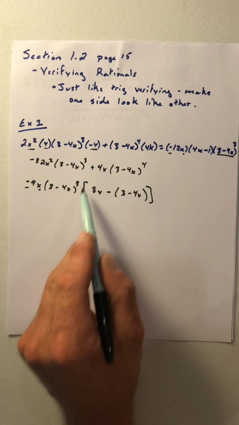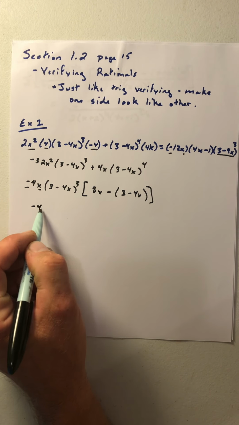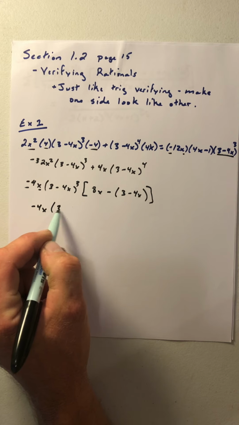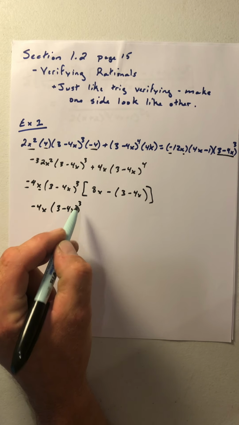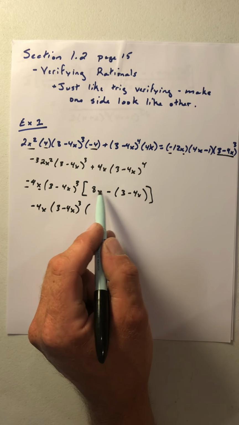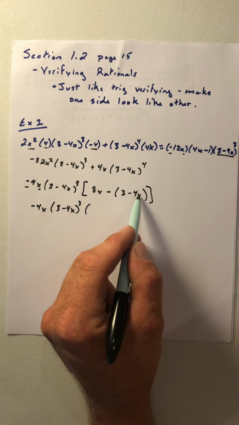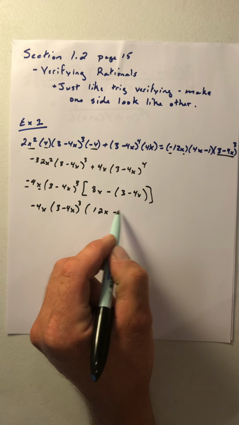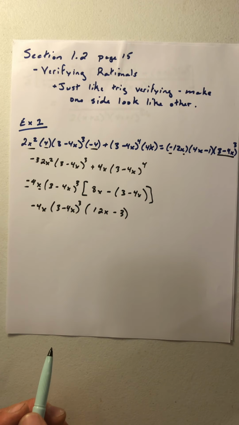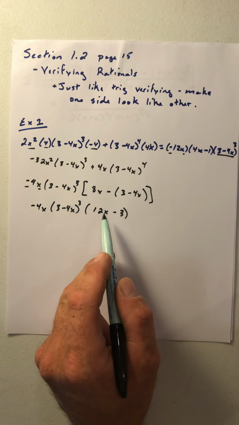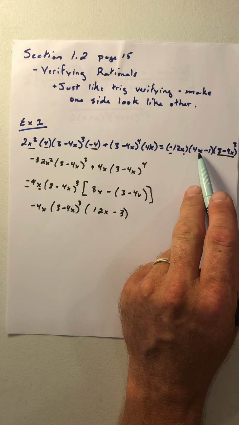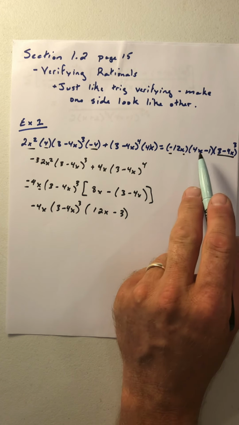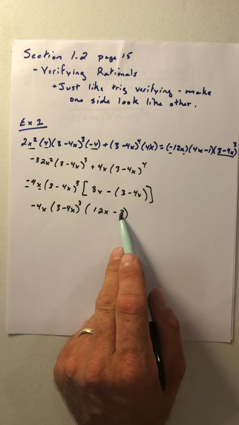So now let's go inside this bracket and clean it up. We have negative 4x, 3 minus 4x quantity to the third. We have 8x minus 3 minus a 4x, so it gives us a positive 4x. So we'll end up with a 12x minus 3. Looks like we're almost there. If I take my 4x minus 1 and multiply it by 3, I would get my 12x minus 3.